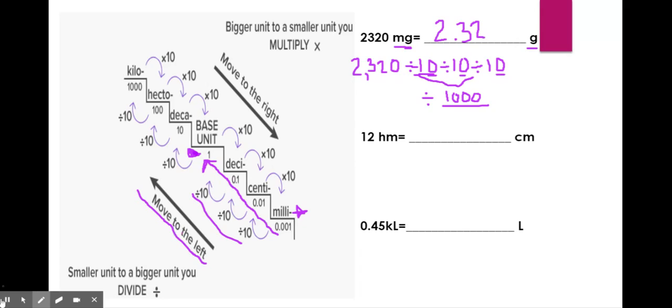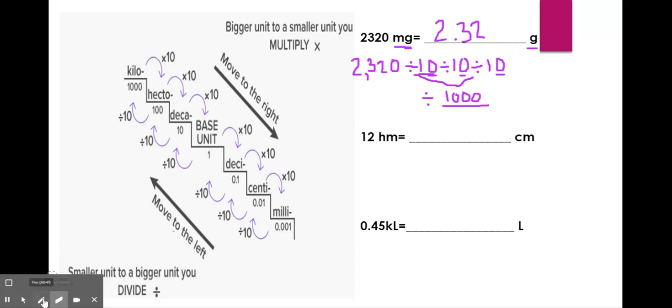Next, we have 12 hectometers is equal to how many centimeters? We're moving from hectometer to centimeter. So I'm going to put a star by hecto and a dot by centi. We are going from hecto to centi.